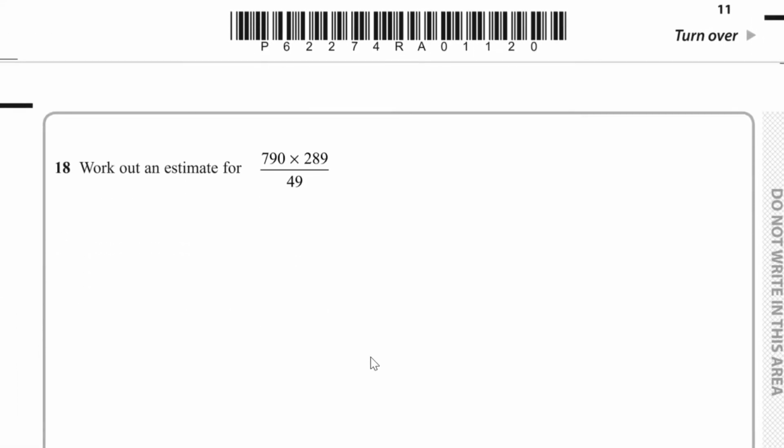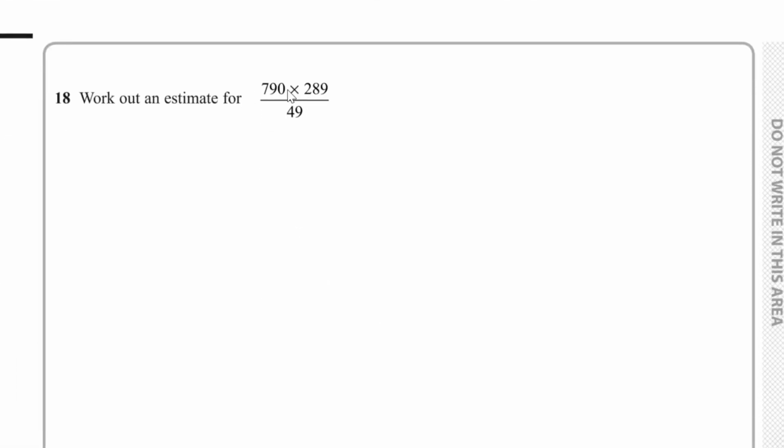Now for question number 18, we have to work out an estimate for 790 times 289 over 49. Well, this is approximately equal to, well, the 790 we can round up to 800, and the 289 we can round up to 300, and then the 49 we can round up to 50.